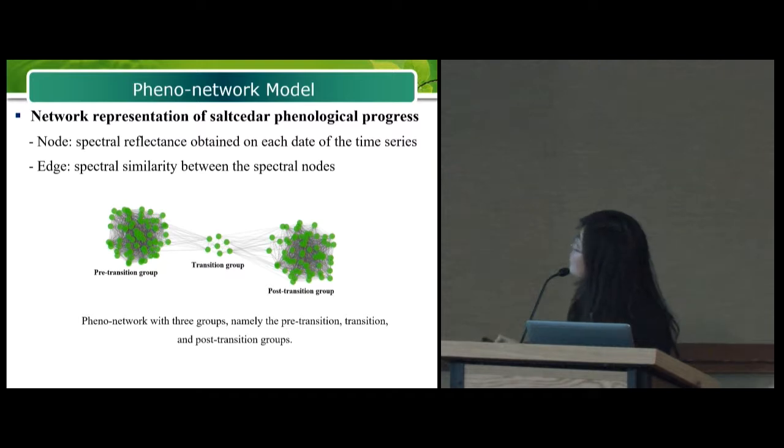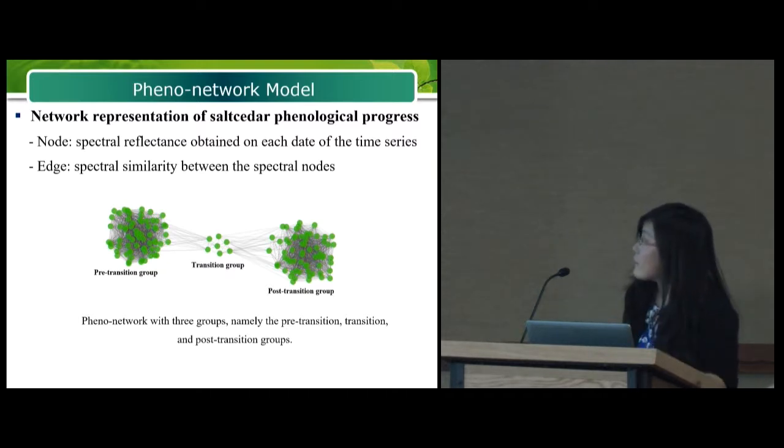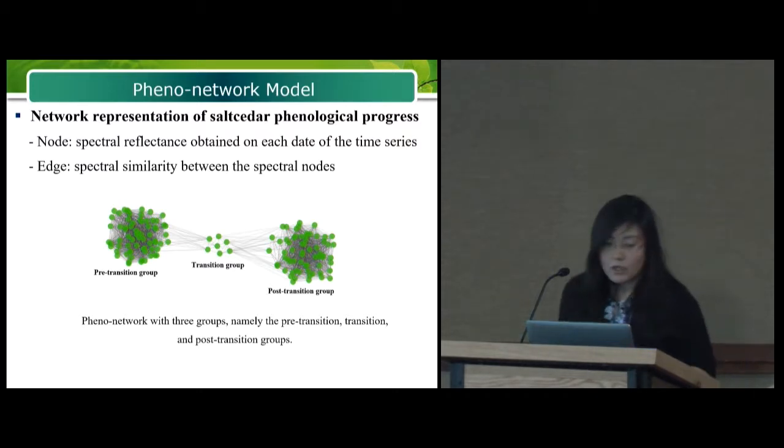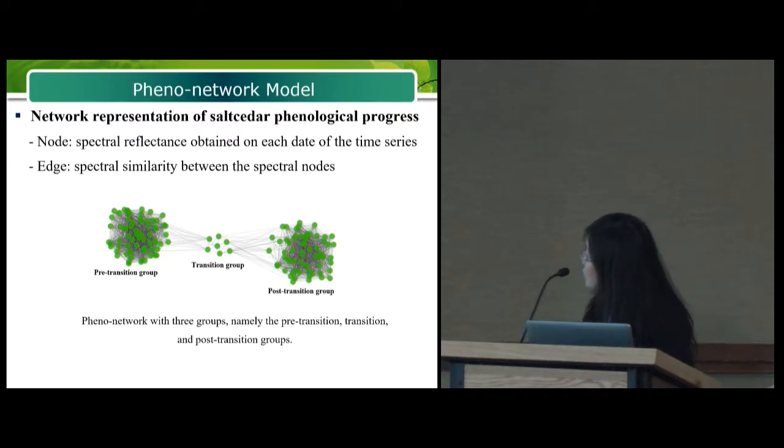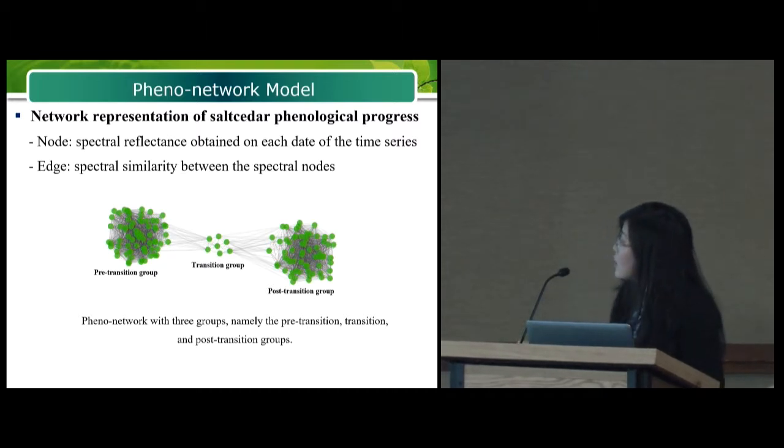Our aim is to construct a network model with a unique structure of 3 node groups: a pre-transition group, a transition group, and a post-transition group. We want the transition group to represent the leaf coloration period, linking the pre-transition group, the leaf-on stage, and the post-transition group, the leaf-off stage.